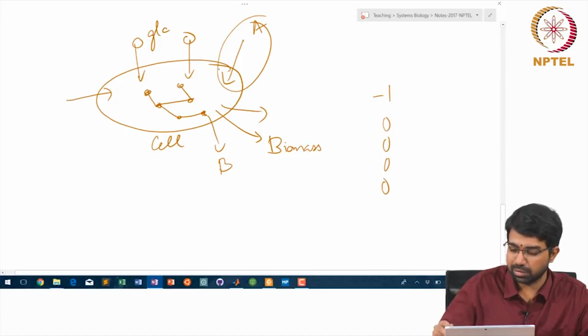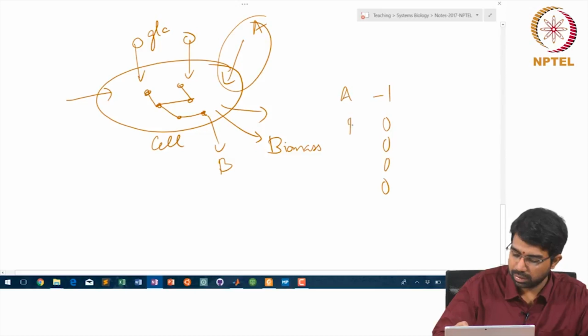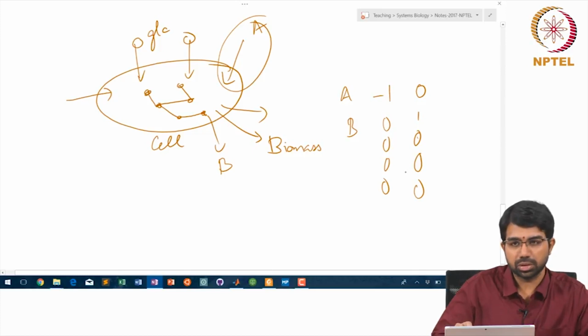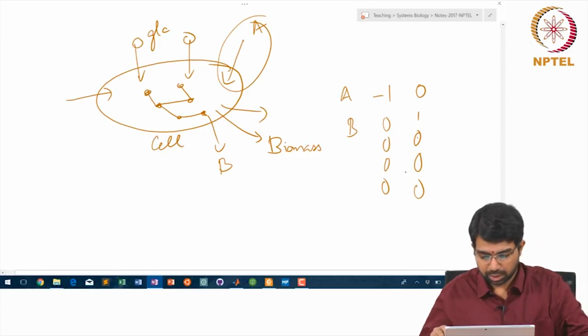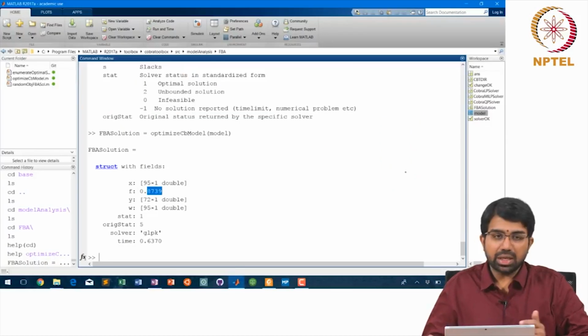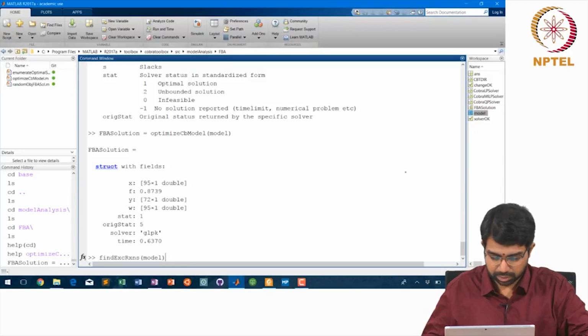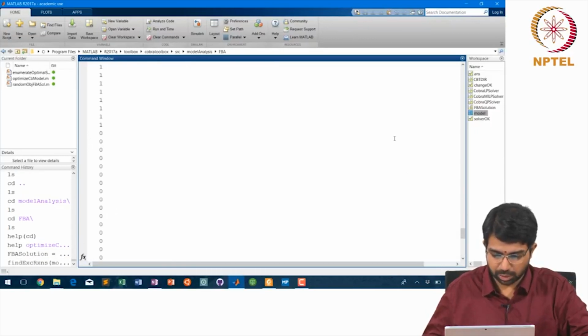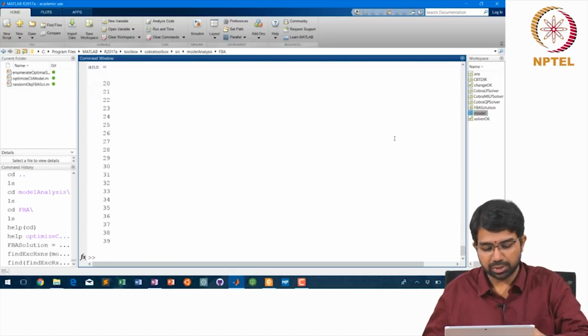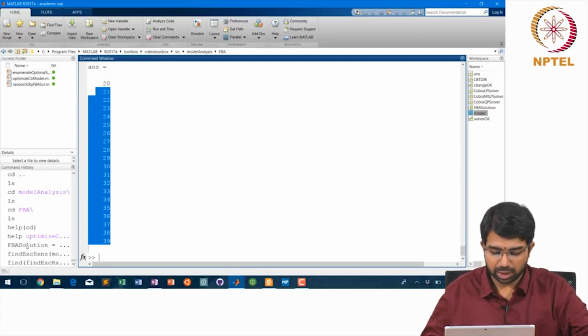So, just -1 for this, and for A it will be, for B it will basically be 0 1 0 0 0 and so on, right. So, these are exchange reactions and you can easily find them in the model. So, this tells you what are all the exchange reactions in the model, and if you say find, it turns out that reactions 20 to 39 are all exchange reactions.